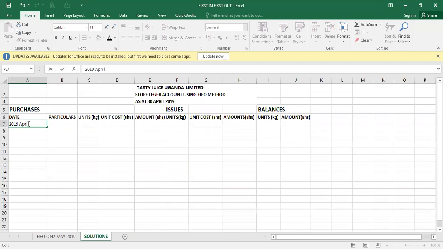This is April 1st, 01. Then our details, we have balances. They told us those are balances. That's what we have at the beginning of the period. Balance brought down. Allow me to use that shortcut.